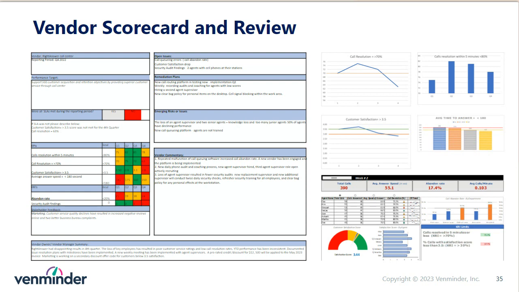Now, in the scorecard, the main sections, if we start at the upper left, we see that we're reviewing the whole fourth quarter here. We see the vendor name, and we see that general performance target or that objective because we want to use that as our North Star because we need to make sure that the vendor's performance is helping us meet that goal.